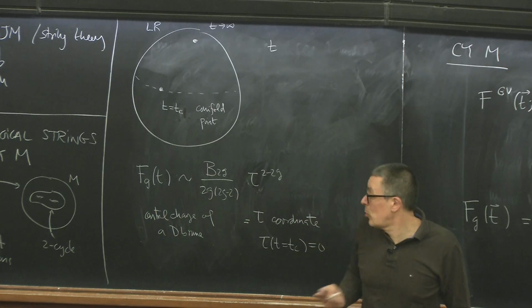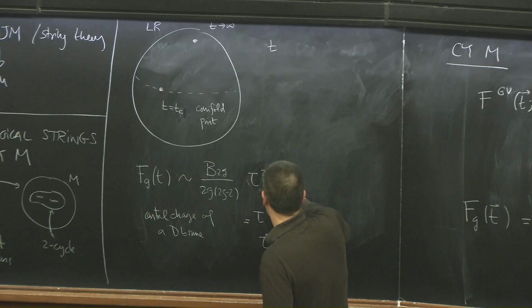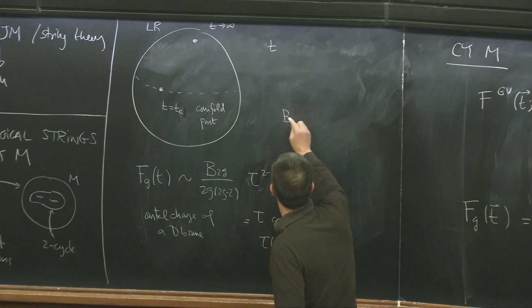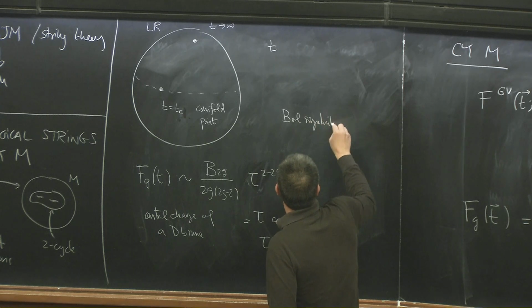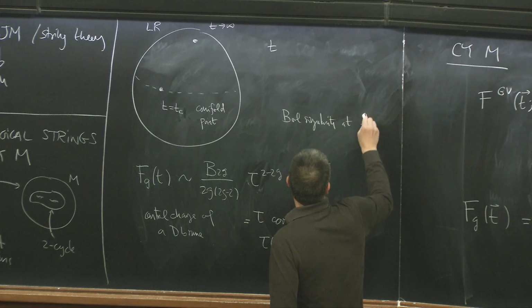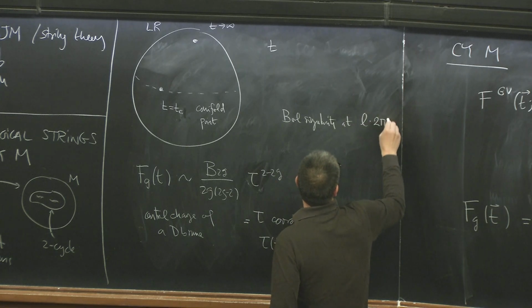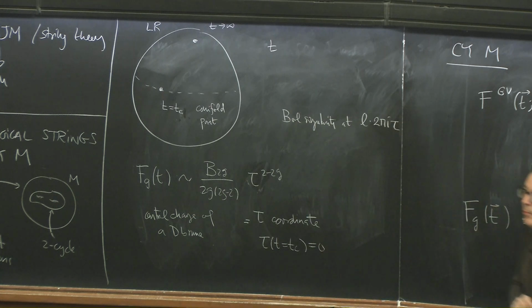And so just by looking at this formula, this means that there must be a Borel singularity at l times 2 pi i tau. So this is another Borel singularity, right?